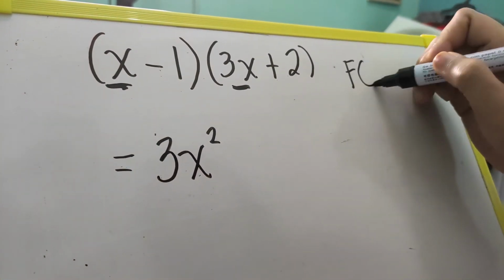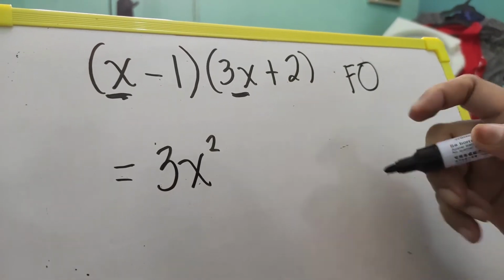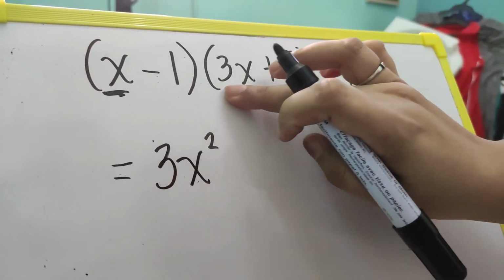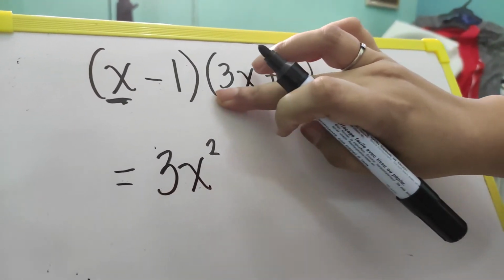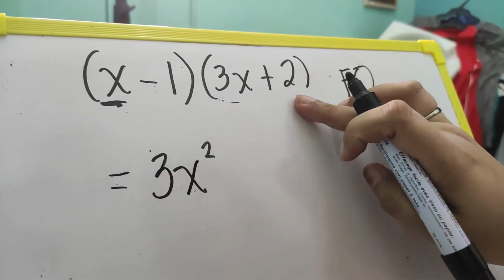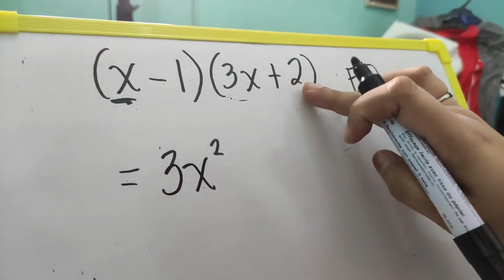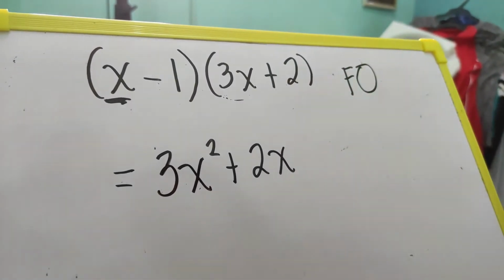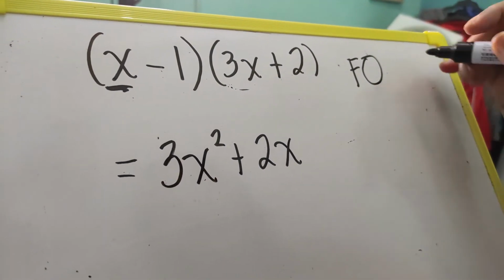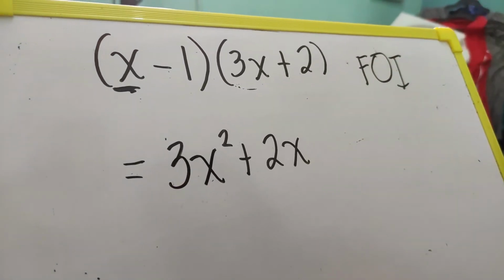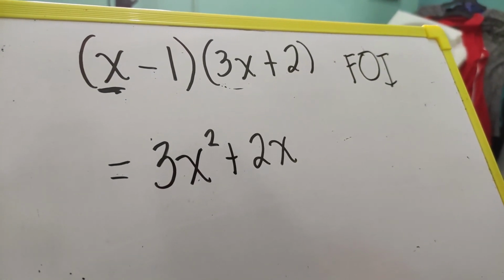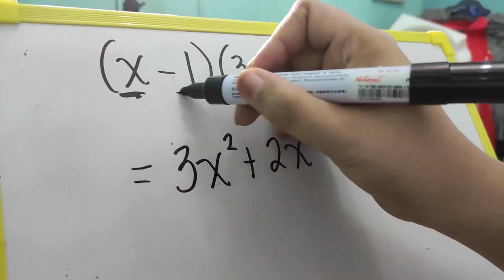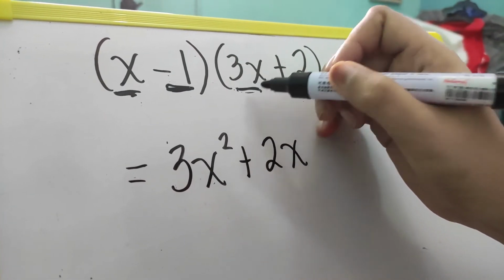Then, O. O stands for the outer term. So we have here x and 2. x times 2 is 2x. Then, I. I stands for the inner term. So we have here negative 1 and 3x.